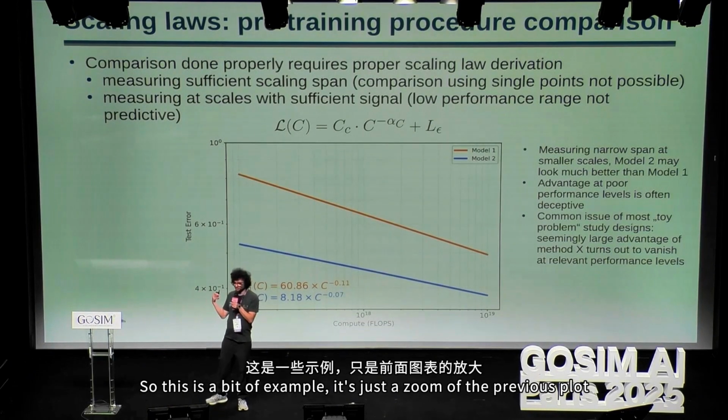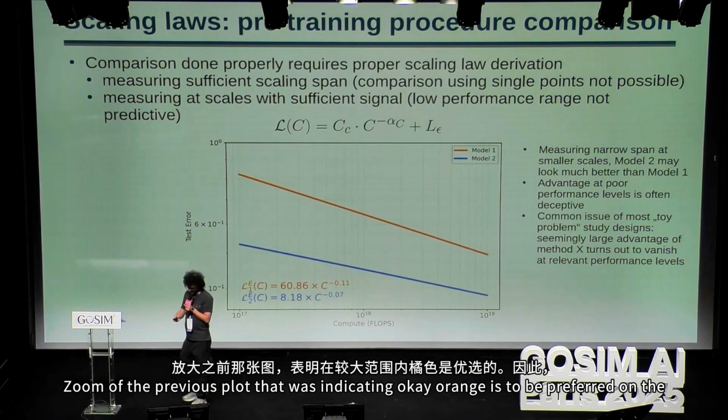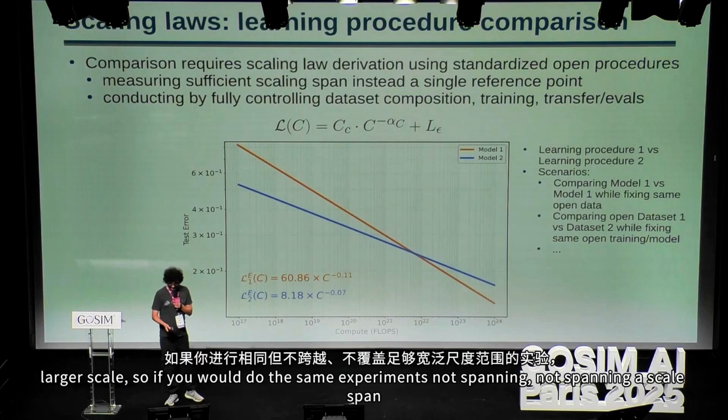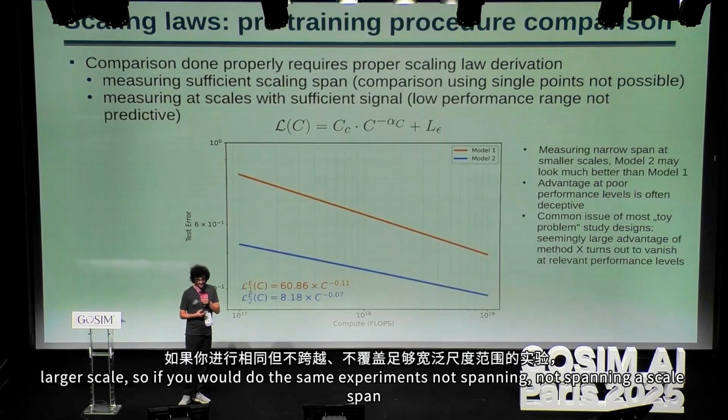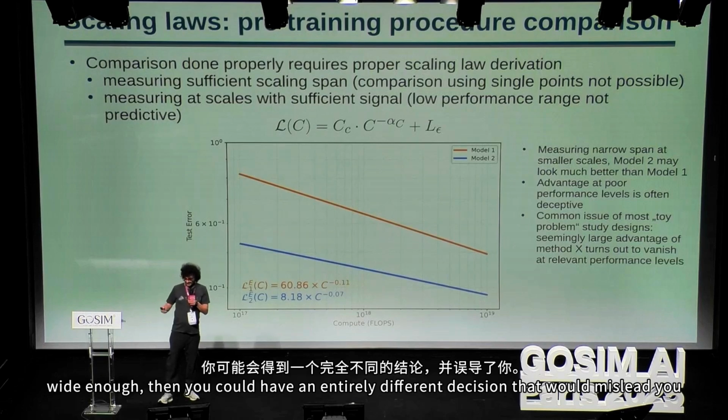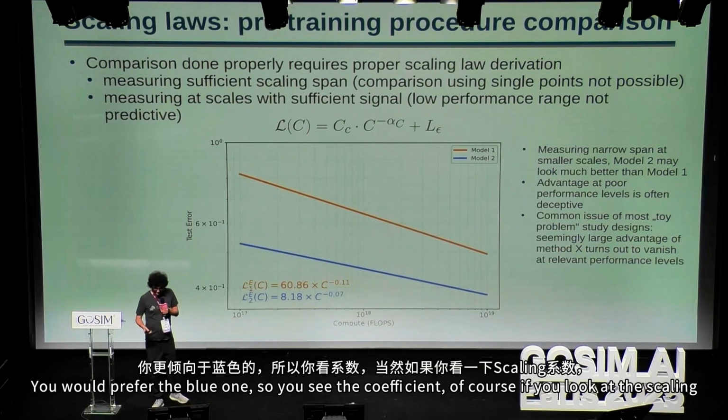This is a bit of exemplification. It's just a zoom of the previous plot that was indicating, okay, orange is to be preferred on the larger scale. If you did the same experiments, not spanning a scale span wide enough, then you could have an entirely different decision that would mislead you. You would prefer the blue one. So you see the coefficient.